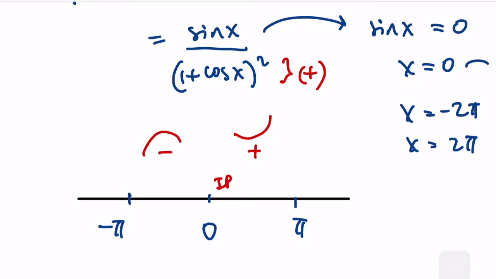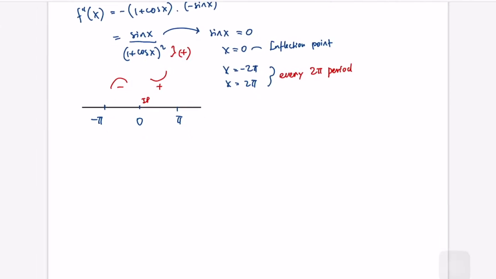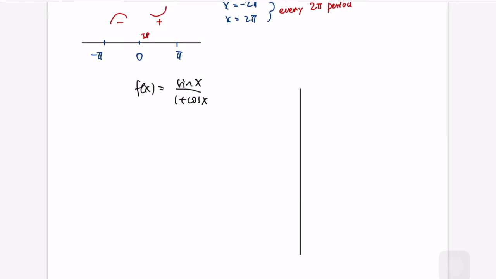So if we draw this, sine over 1 plus cos x, let me write the original function. This is the function, and let me draw maybe here.